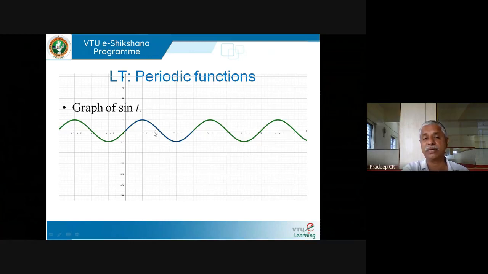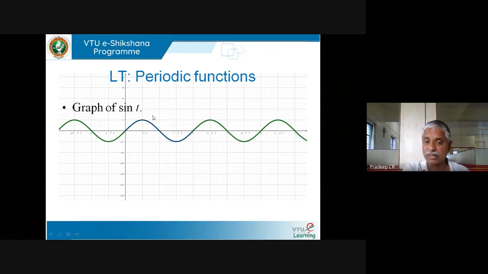Whatever is the sine value here means, some distance I walk from 0, the same distance you walk from 2 pi, the value of sine is the same. That means sine of t plus 2 pi is the same as sine of t. Doesn't matter how many 2 pi's you add.